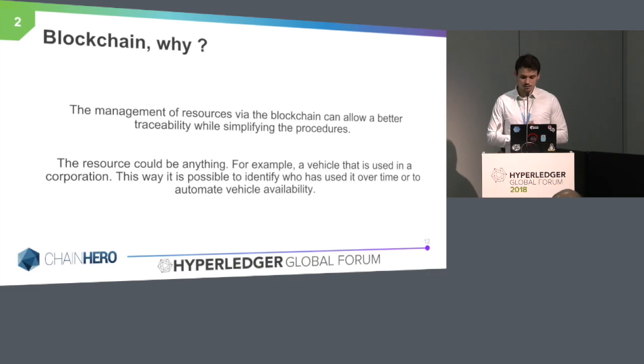So, in order to facilitate the shared vehicle, you can use this kind of system in order to automate vehicle availability, and administrators can see at every moment who used the vehicle.